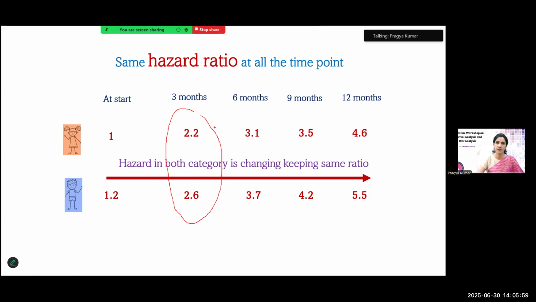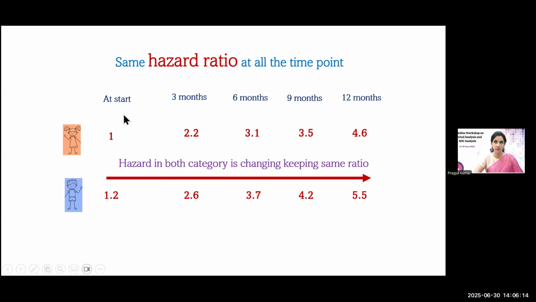2.6 divided by 2.2. I will also do it along with you. It is 1.18, so it is nearly 1.2 you can take.